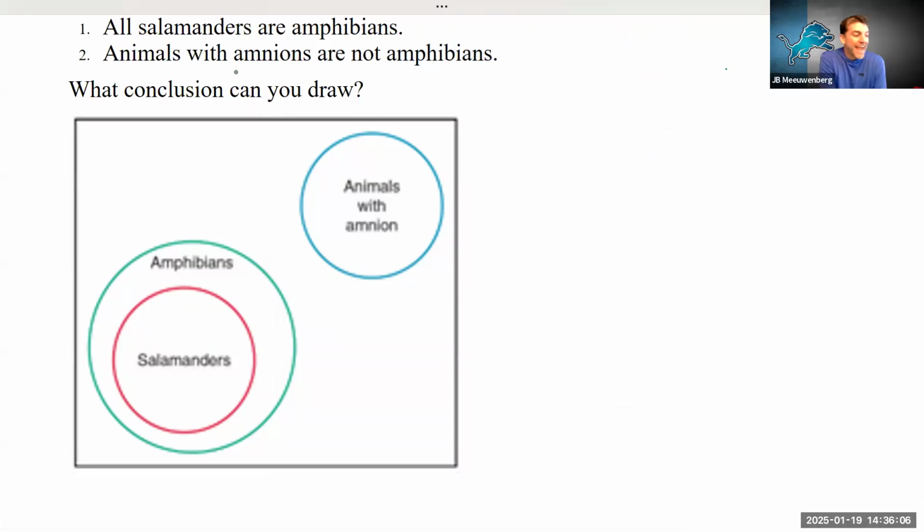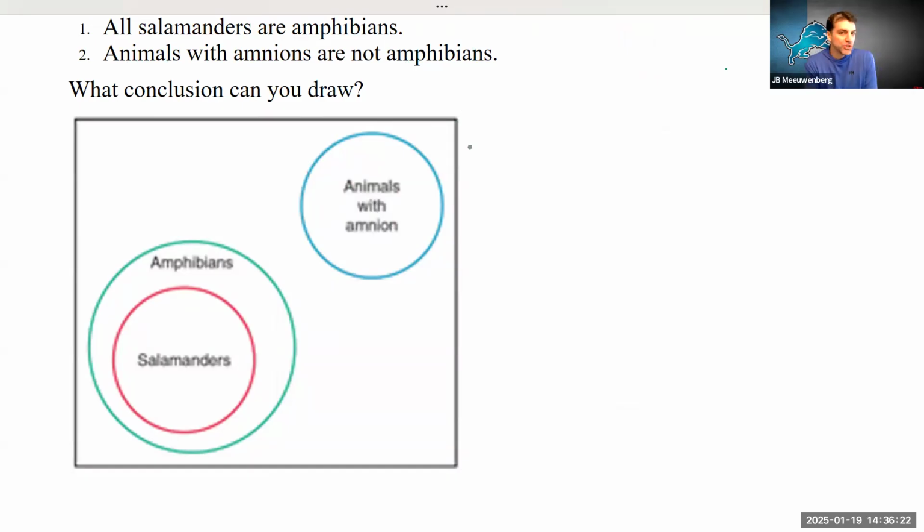It also says animals with amnions are not amphibians. So you've got this other group of animals over here with amnions. We don't even know what that is, but they're not amphibians. So they're separate from amphibians.